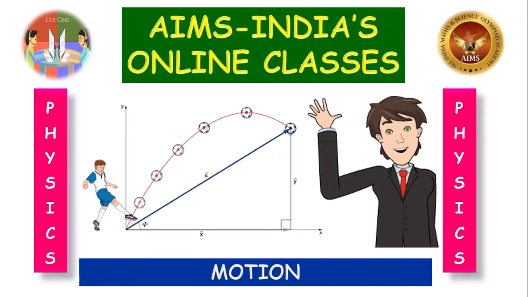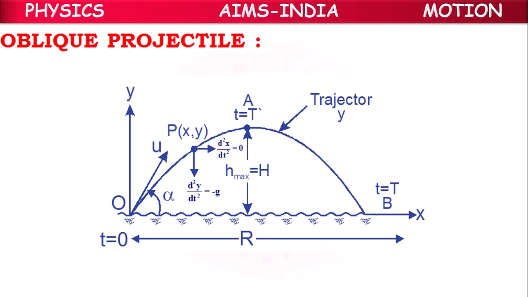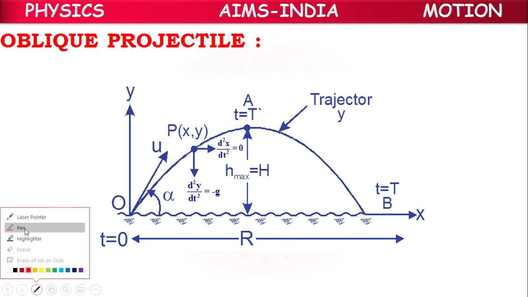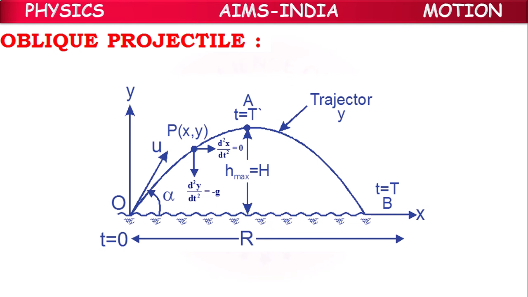In today's class, from the physics subject, motion topic, we are going to continue. Our concept today, children, is the oblique projectile. An oblique projectile means a body thrown from the ground with an angle alpha other than 90 degrees.